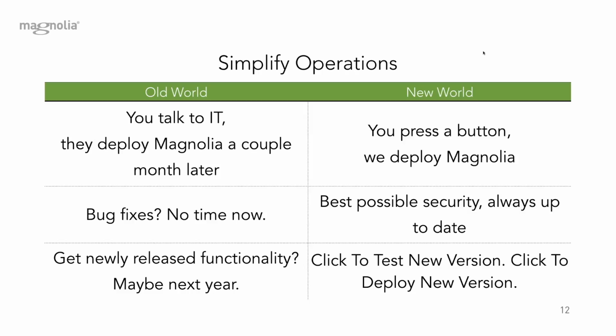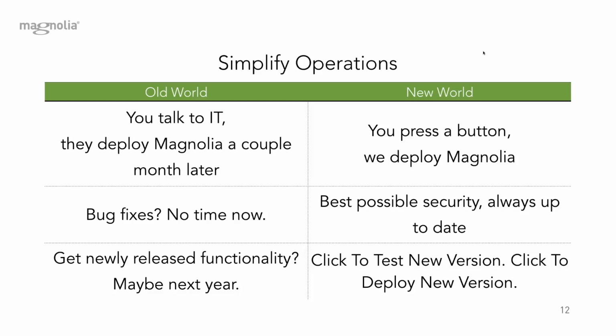In the old world, your guys needed to do this, and it would take time. If they had no idea of the product, they would need a lot of time to get into it. In the new world, of course, you press a button and we deploy Magnolia automatically. And of course, in a best practice setup. No risk there.